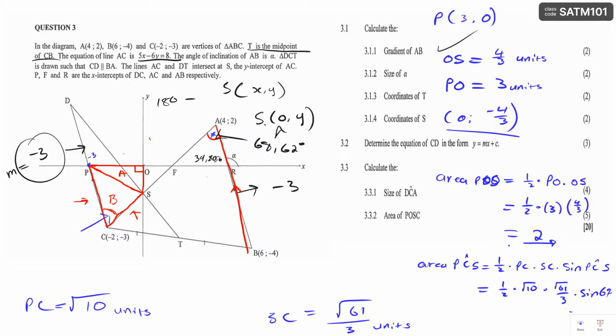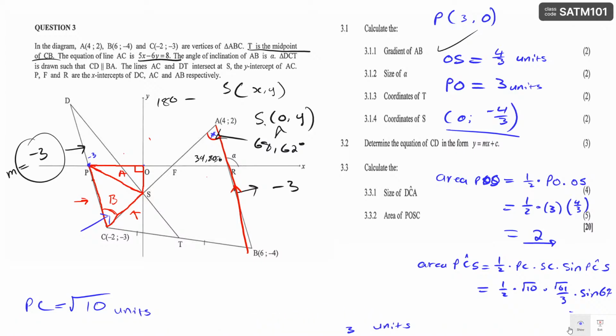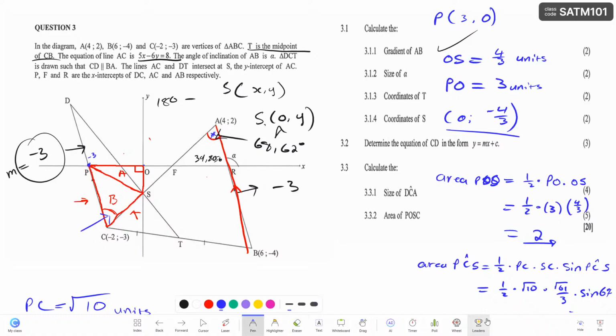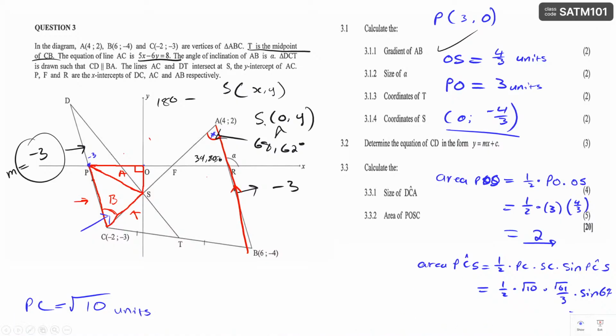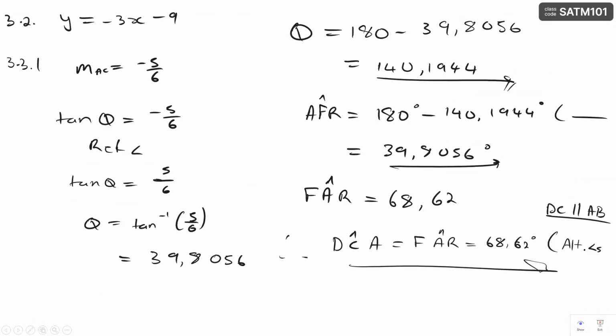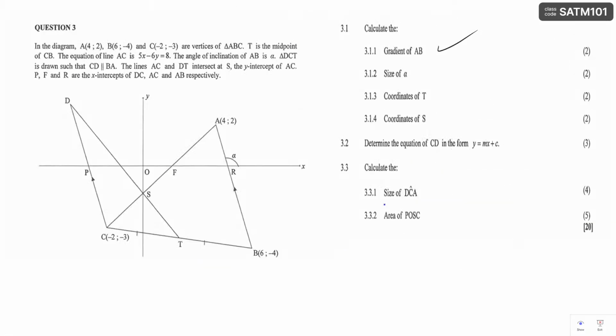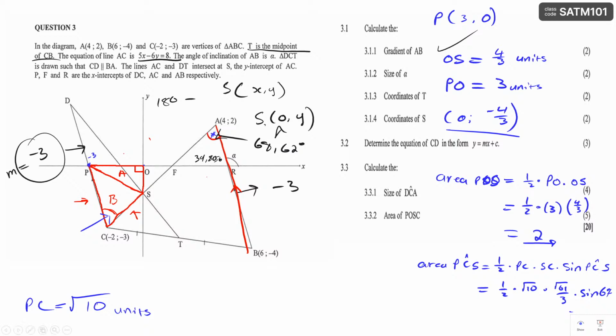point something. So let me erase here. So it was 68 point, let me check again. 68.62. So here 68.62.